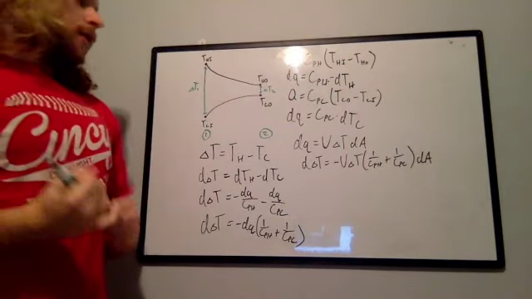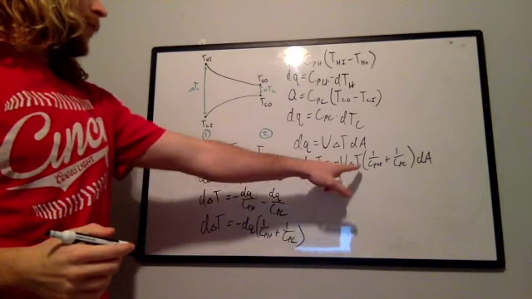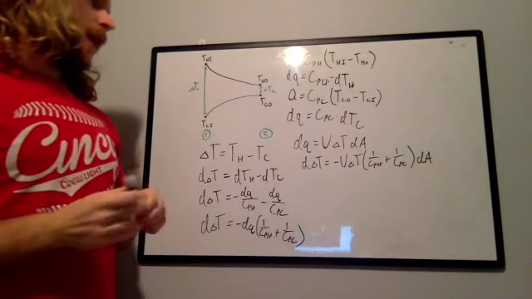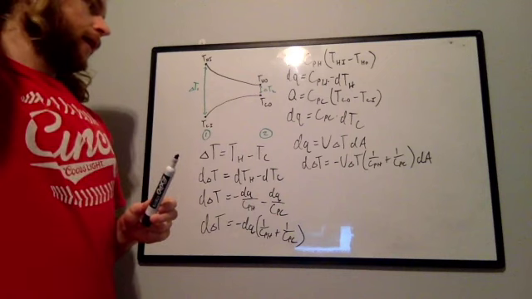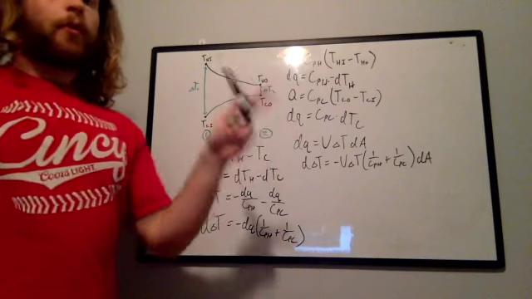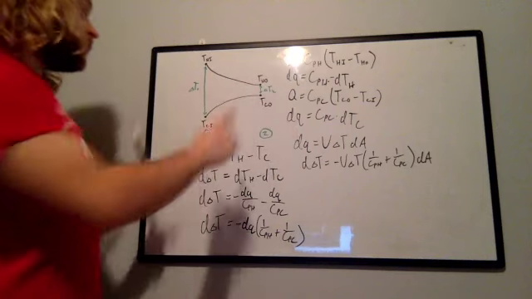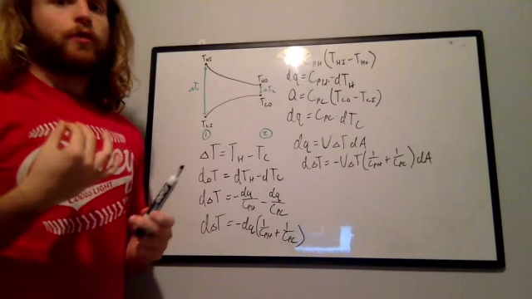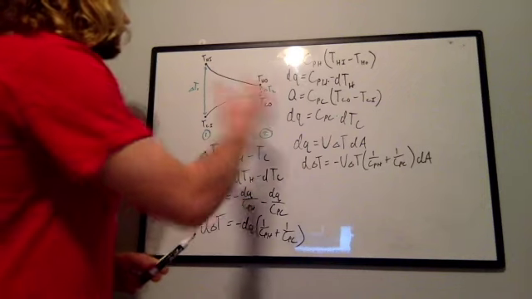Okay, so what we can go ahead and do is we can divide over the change in temperature, and then after we do that, we will go ahead and integrate both sides from position 1 to position 2 as we move along the heat exchanger.